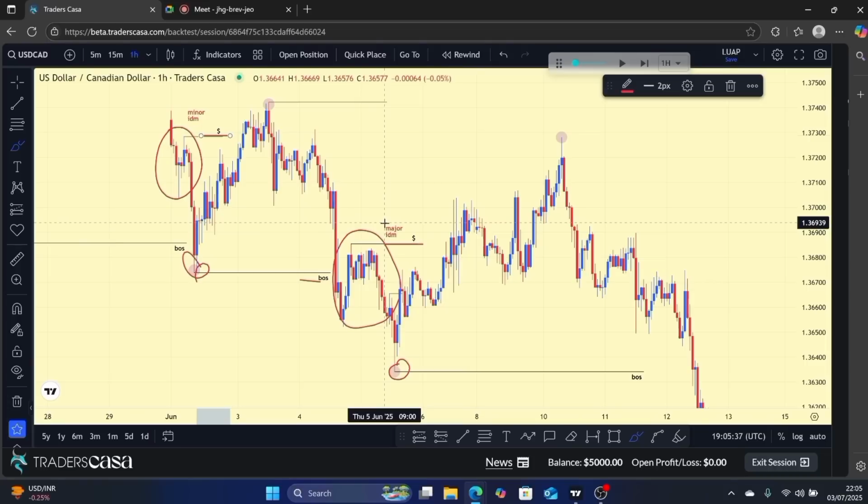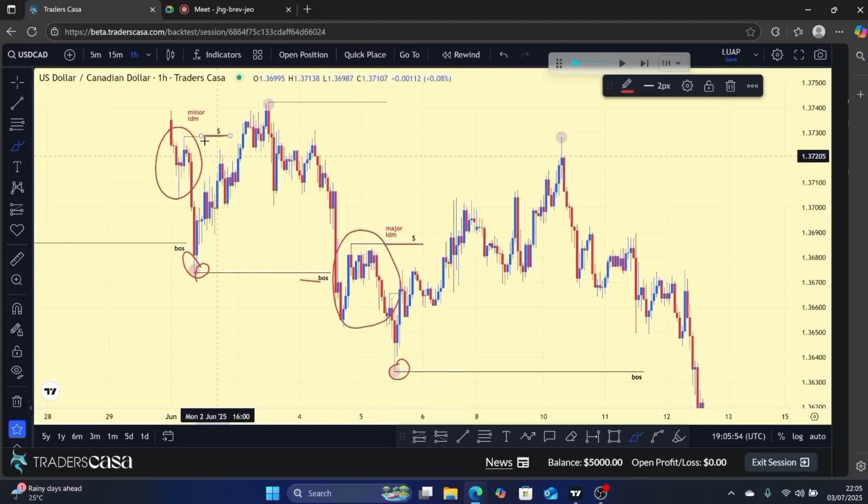So those are the two types of inducement and their difference, how you distinguish between a minor and a major inducement. And you can clearly notice that both of them can confirm a valid break of structure, because both of them are inducements.